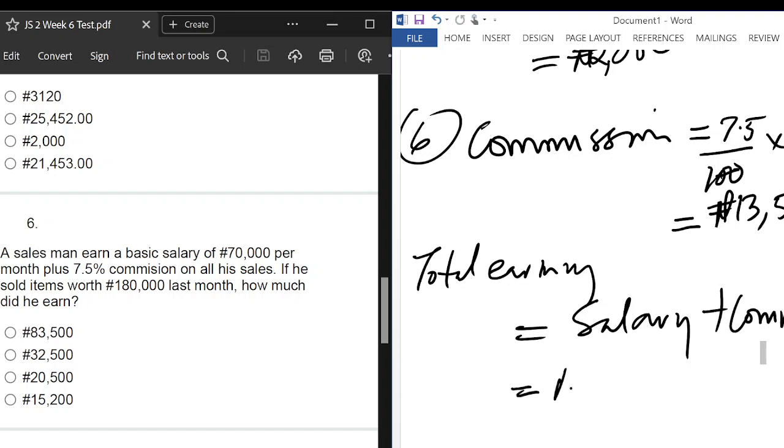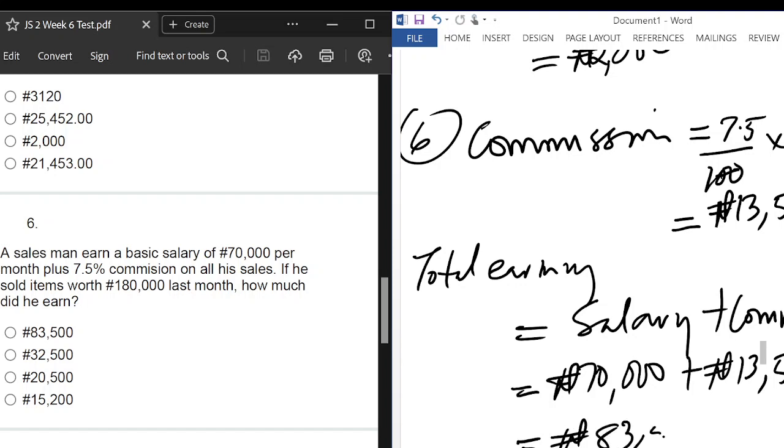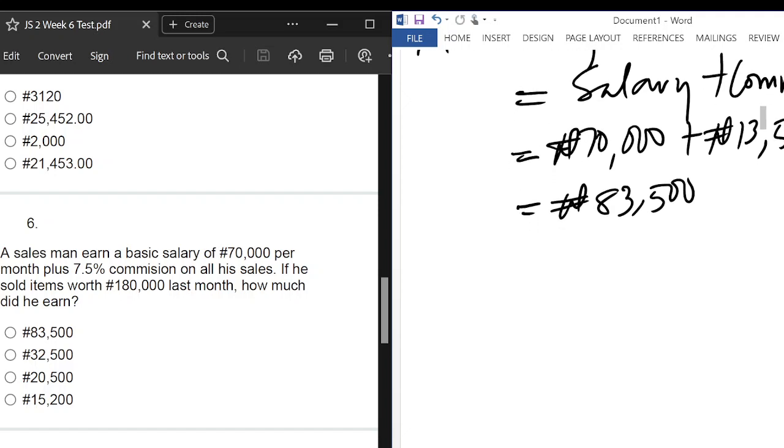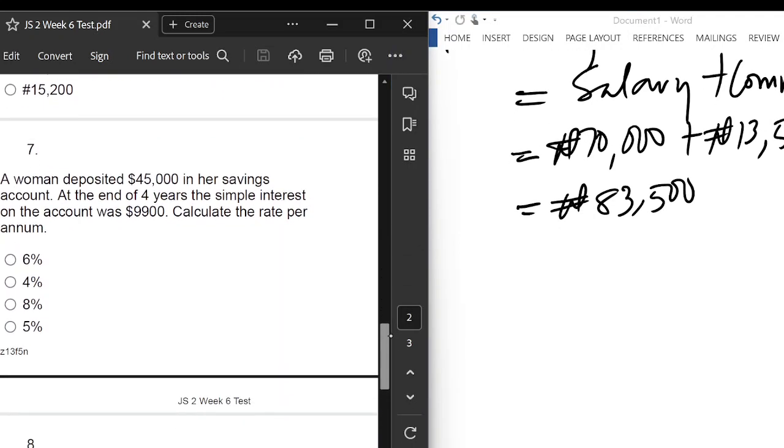So what is the salary? 70,000 naira. Commission, 13,500. So that gives 83,500 naira. And that is the first option we have on the screen there. I hope this is clear. So we'll move to the next question, which is question number 7.